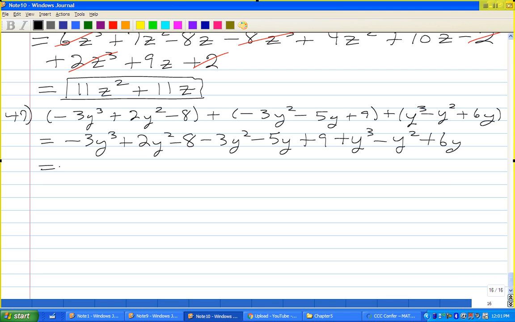So let's look at the y cubed. Minus 3y cubed plus y cubed is minus 2y cubed. 2y squared minus 3y squared is a minus y squared, minus another y squared is minus 2y squared.